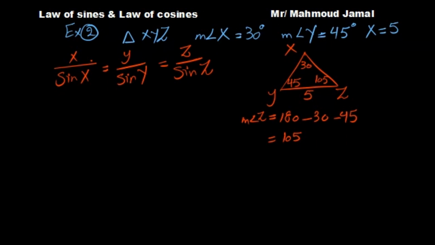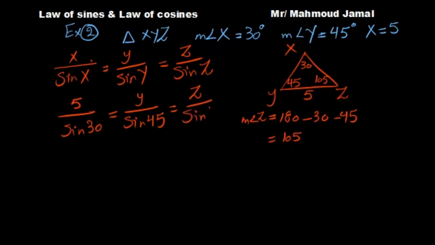x is 5, over sine X, sine 30, equals y, which I don't know, over sine Y, sine 45, equals z over sine 105. Now y equals what? Make the cross multiplication. y equals, what's the denominator? Sine 30.